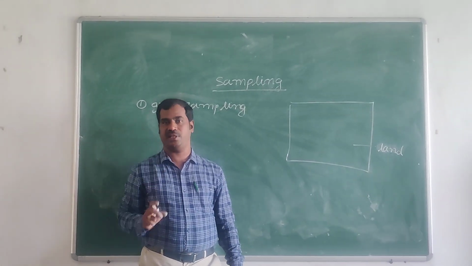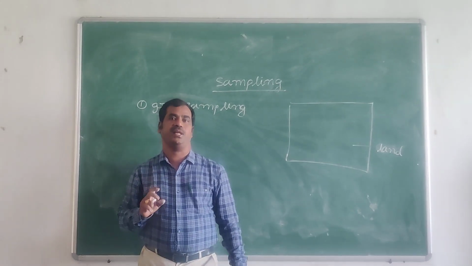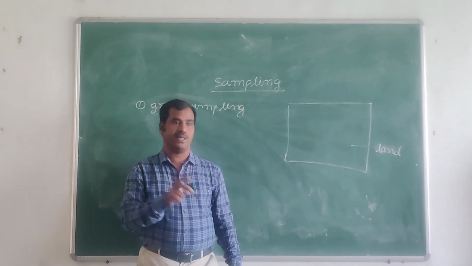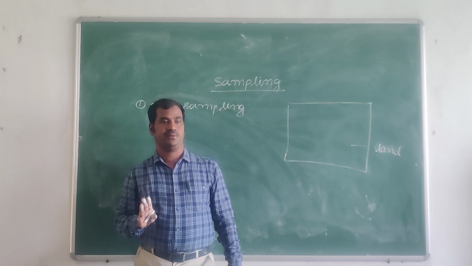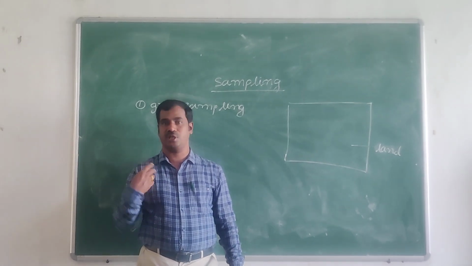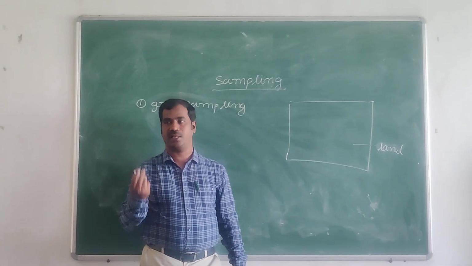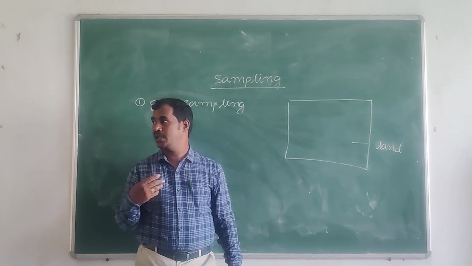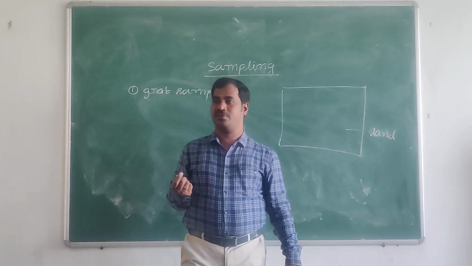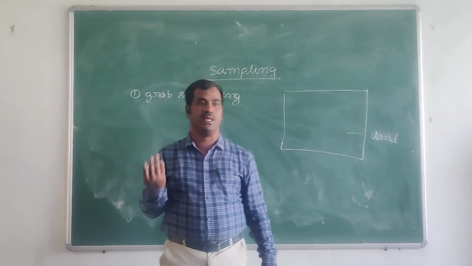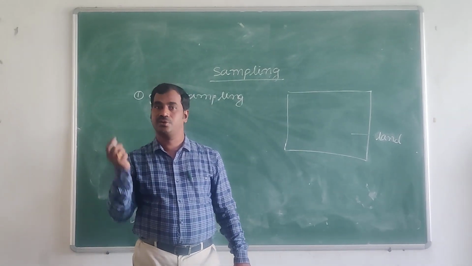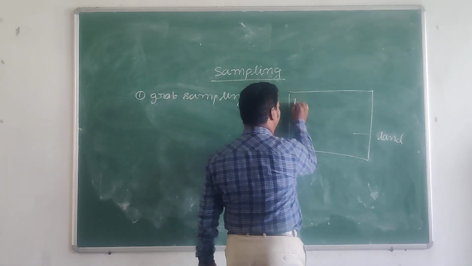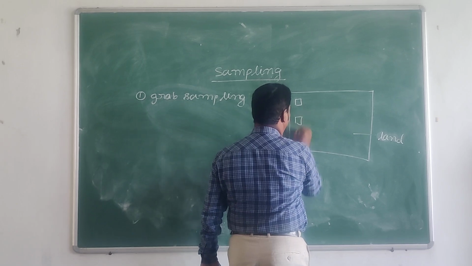Once the civil engineers approach our analytical chemistry people, we want to analyze the soil nature. We have the procedures, and the civil engineers approach our analysts. Then our analysts take a sample. How is it collected, how is it taken? First we take a sample from here, from here, from here.